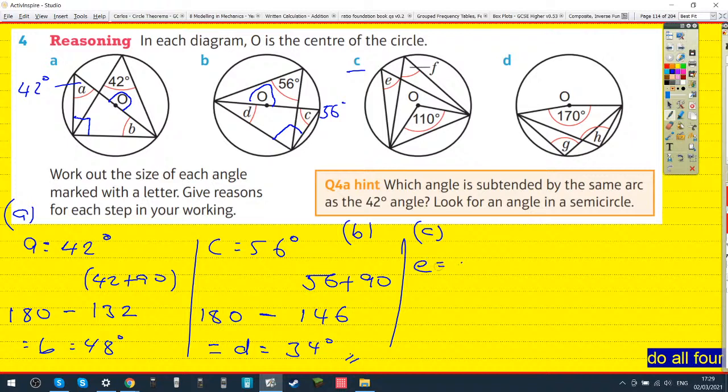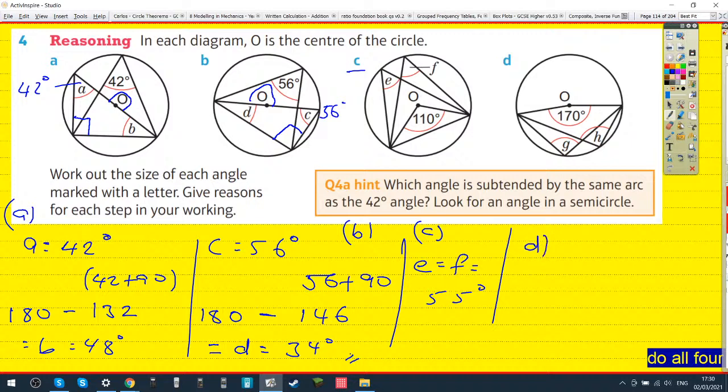And O is 250. Oh, they're both half of the other side of O. So 110 divided by 2 is 55. That's it.